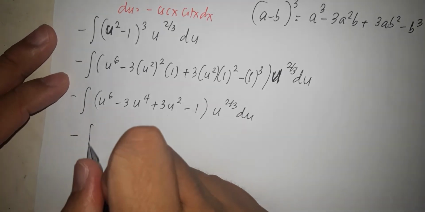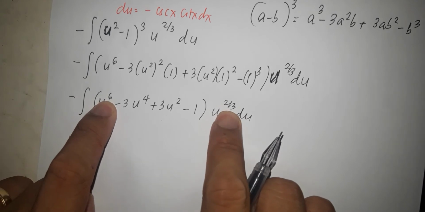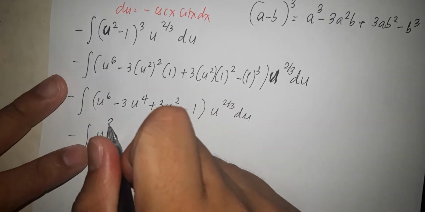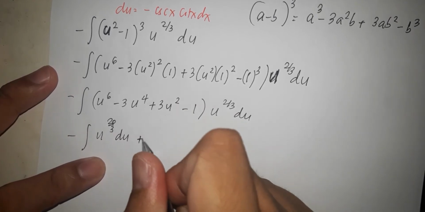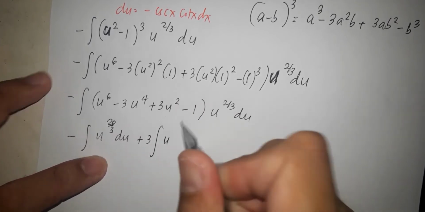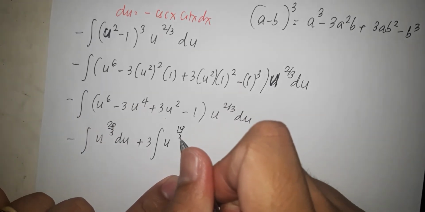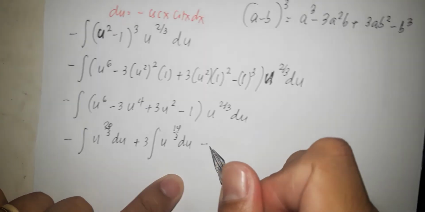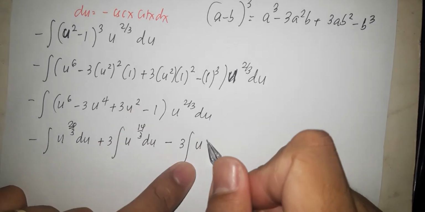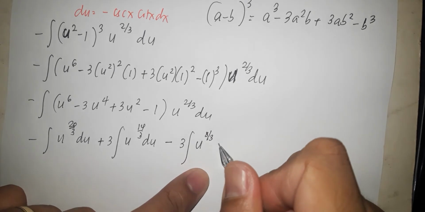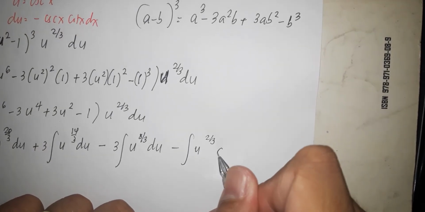So this is negative integral of u raised to 6 plus 2/3, which is 20/3, du. You need to distribute. Plus 3 integral of u to the 4 plus 2/3, which is 14/3, du. Minus 3 integral of u raised to 2 plus 2/3, which is 8/3, du. Minus integral of u raised to 2/3 du.